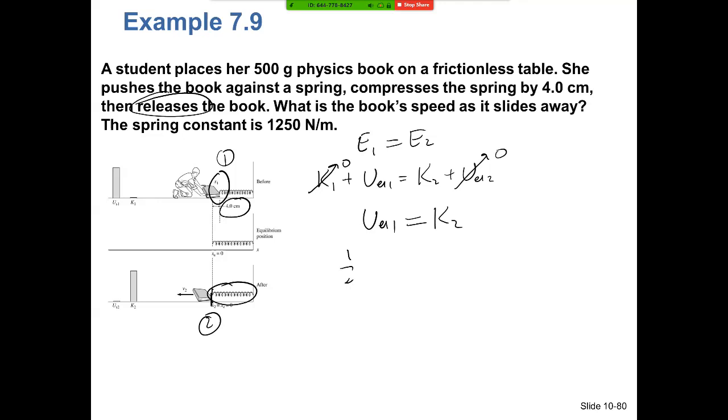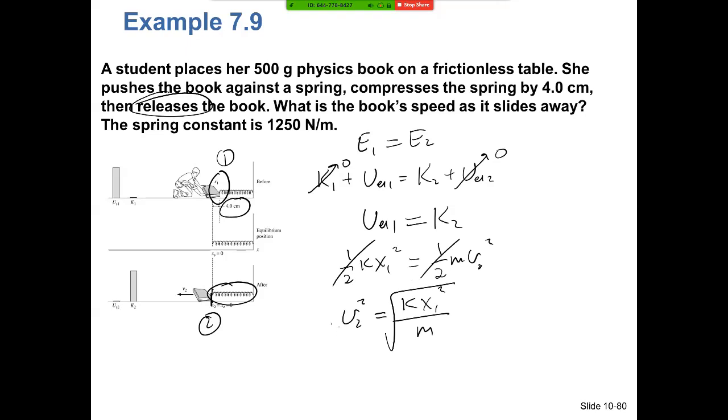So we have 1/2 kx1 squared equals 1/2 m v2 squared. The kinetic energy at point 2 is due to the fact that you had potential energy at point 1, and now you completely convert it to kinetic energy. I can cancel the 1/2 and solve for v2 squared, which equals kx1 squared over the mass.